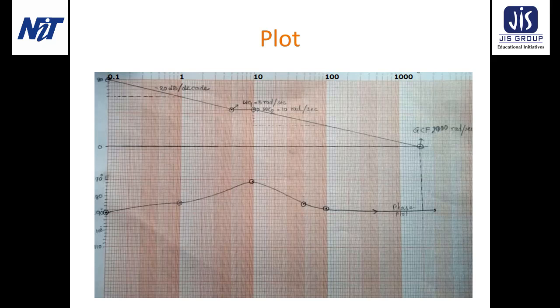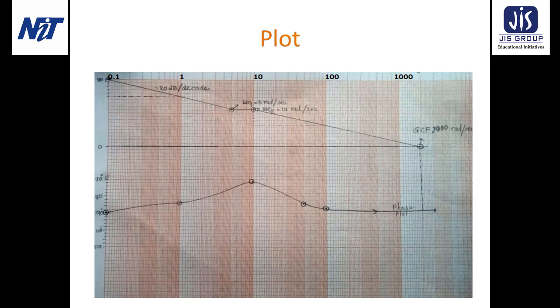And in the next video, we will find out the gain crossover frequency, phase crossover frequency, and the phase margin and the gain margin to find out the stability of the system. Now the phase margin and gain margin are nothing but the terms in which we express the relative stability.